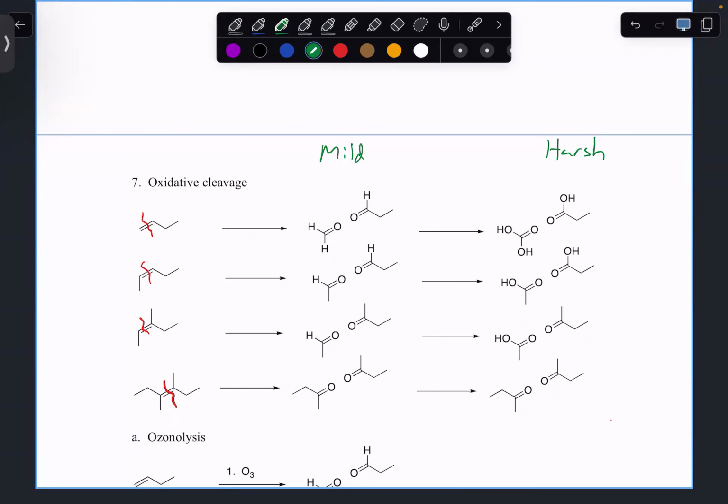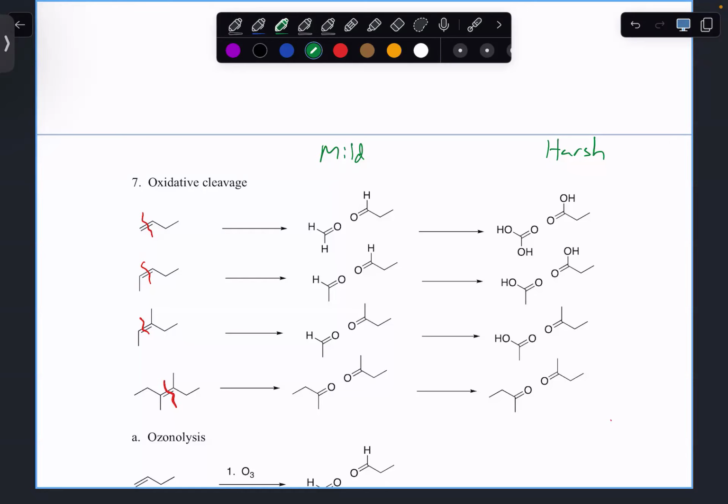In the mild form, we are making aldehydes and ketones, depending on the level of substitution of the double bond. But everything shown here is aldehydes and ketones. Under the harsher form, you cannot isolate aldehydes. So you'll still get the ketones that you got in the mild form.